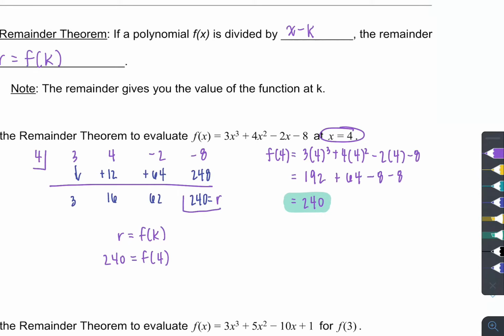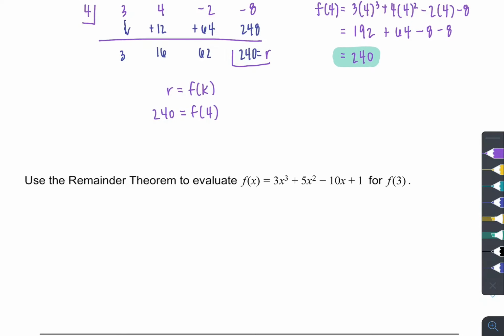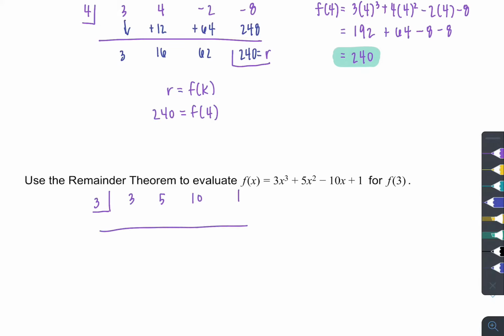All right, next up, let's find f of 3 by using the remainder theorem. So I'm going to plug 3 in here. I'm going to have 3, 5, 10, and 1. Drop down the 3. We get 3 times 3 is 9. Add, we get 14. 14 times 3 is 42. Add, and we get 52.